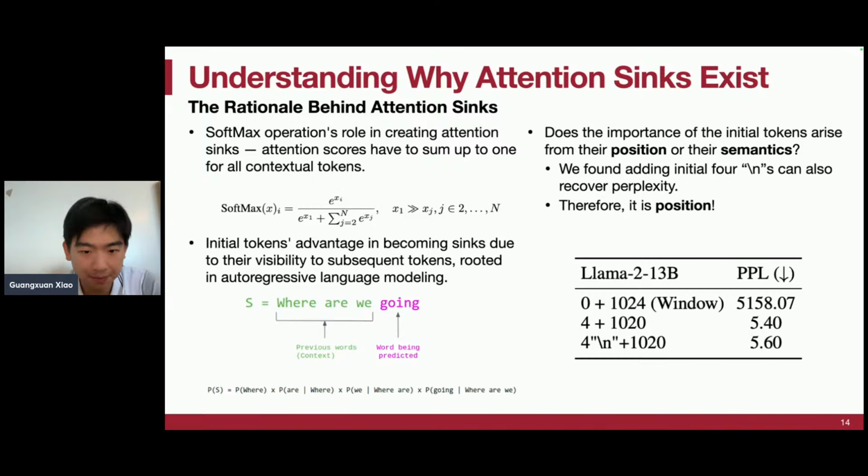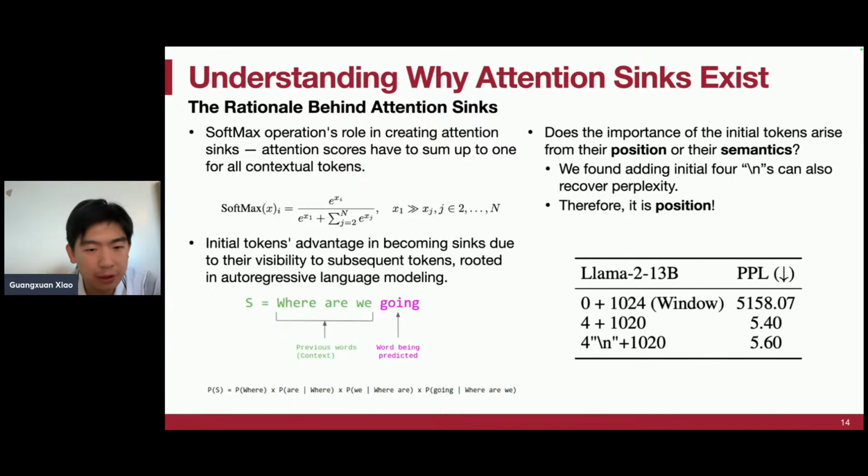The perplexity is very large, which is very bad. When we preserve the initial 4 tokens along with the most recent 1020 tokens, the perplexity is pretty nice, 5.4, close to the pre-training perplexity.